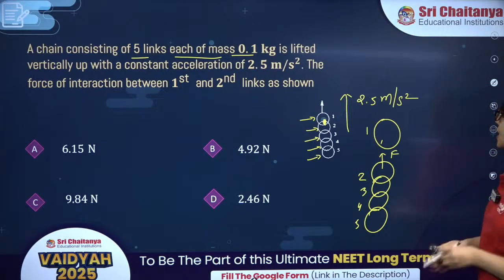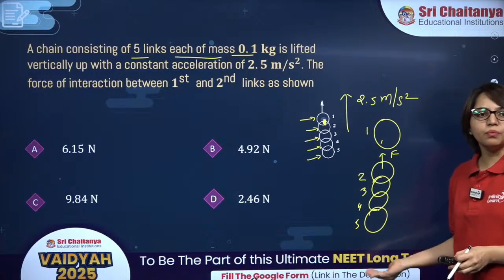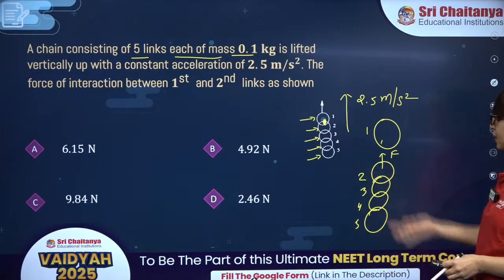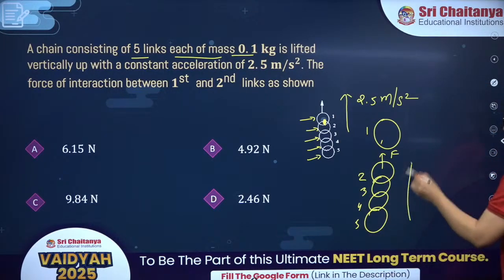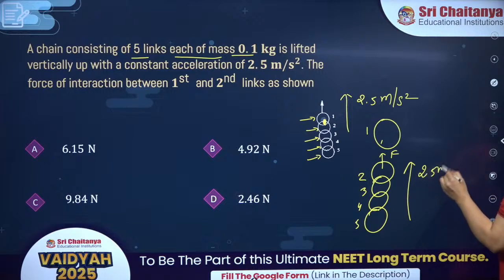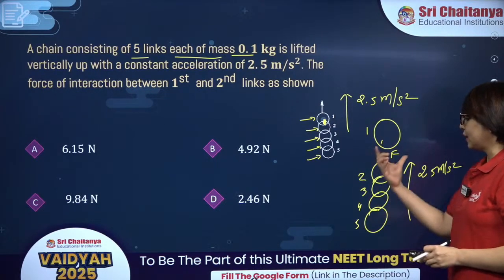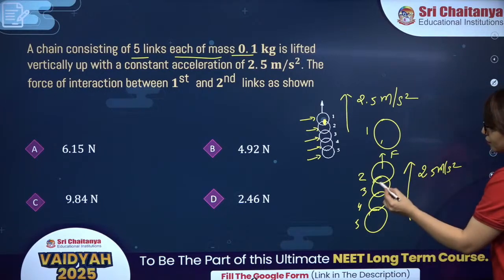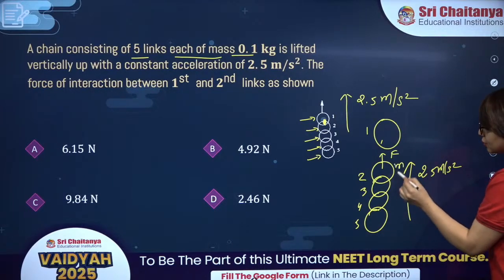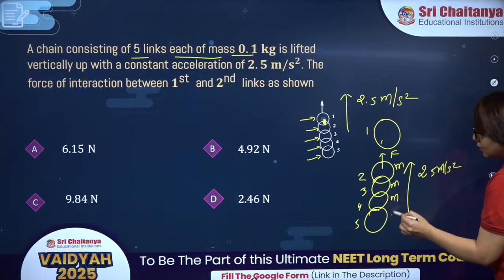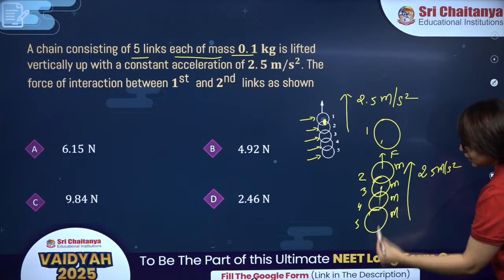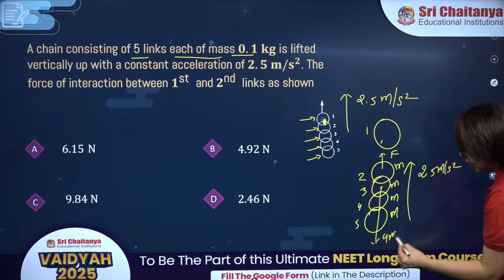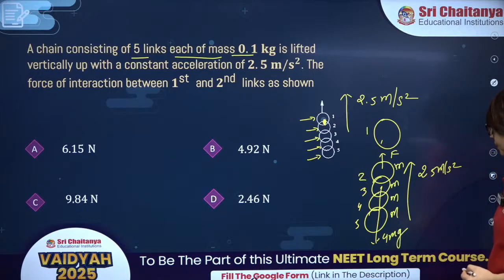So this portion is also moving with 2.5 meter per second square, and at the same time it is being pulled down by gravity. Let's say m is the mass of each link. So gravity is pulling this entire portion with 4 mg in the downward direction, right?